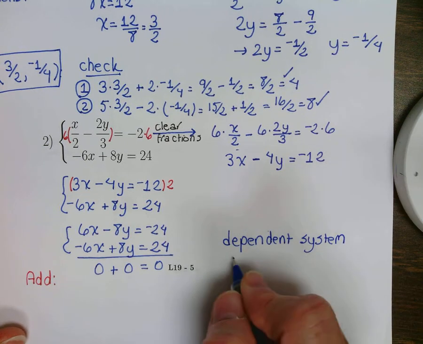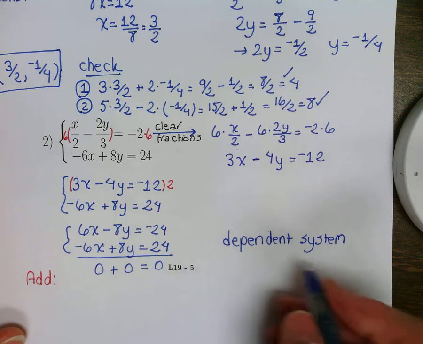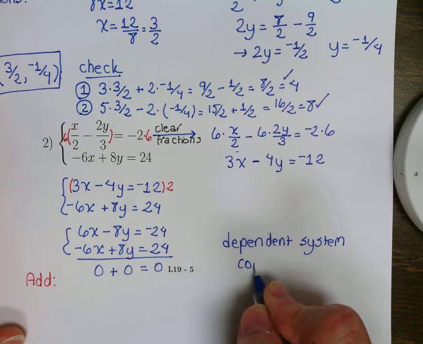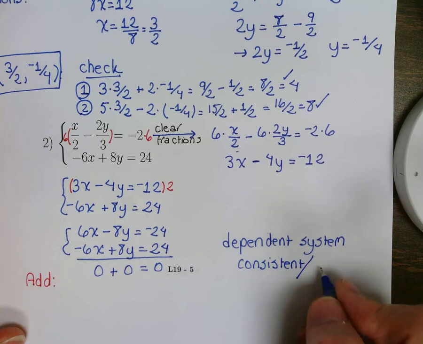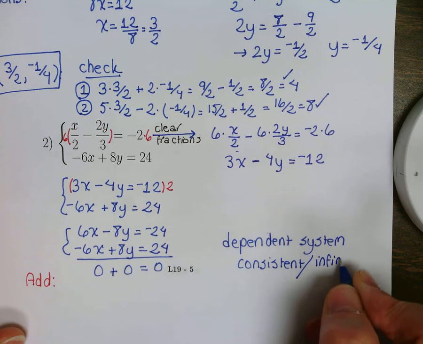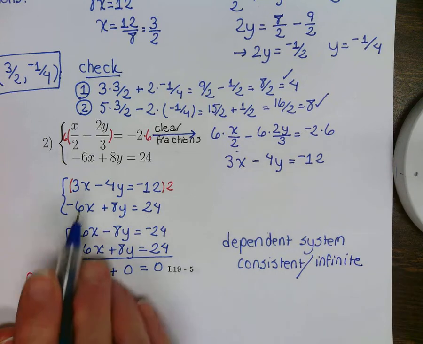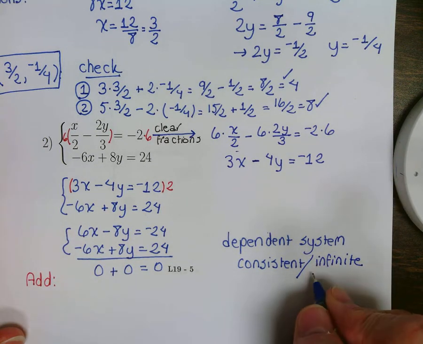And it is a consistent system. It has an infinite number of solutions. Any ordered pair that satisfies either equation will be a solution.